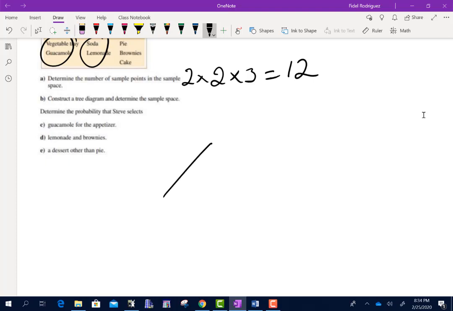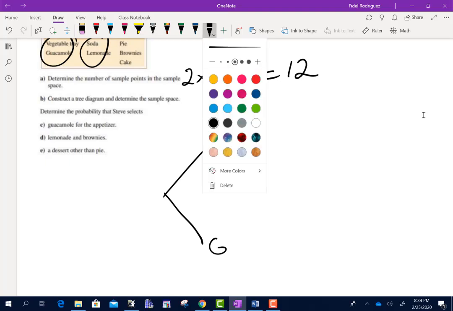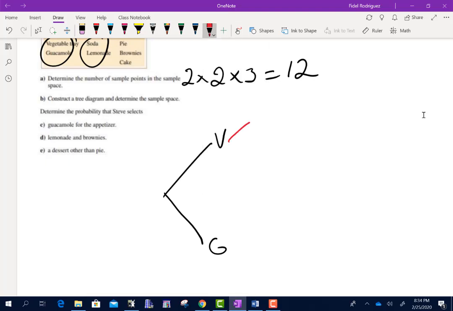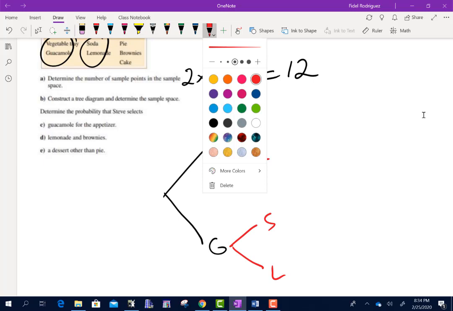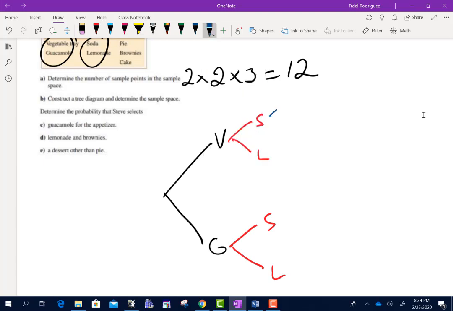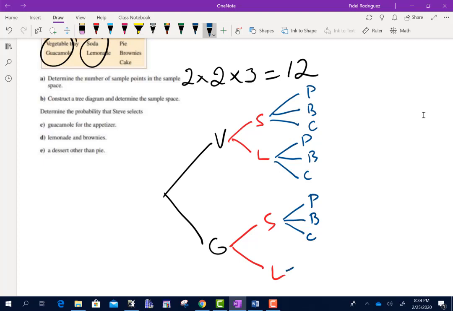So we can pick either a vegetable tray or guacamole, and then we can pick either soda or lemonade, and then we can pick after that either pie, brownies, or cake. Okay, there we go. Okay, so then, same thing here, guys.